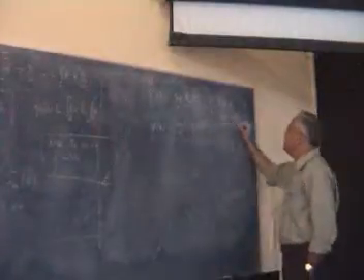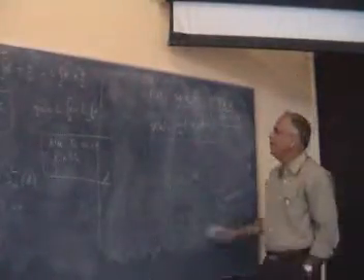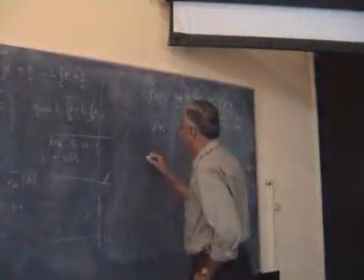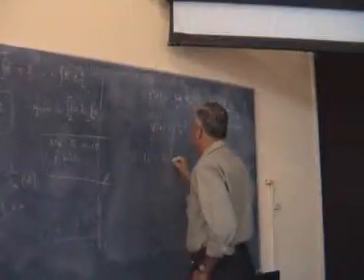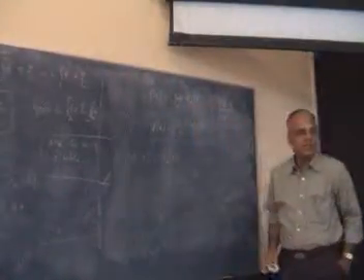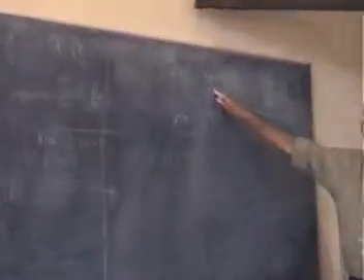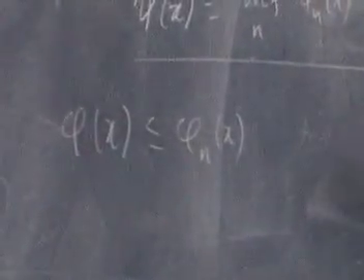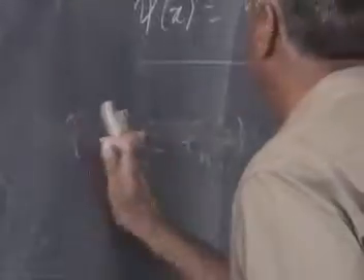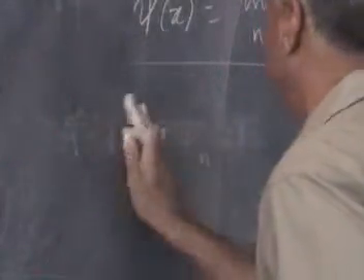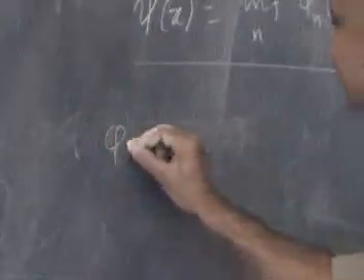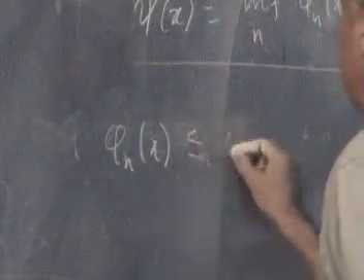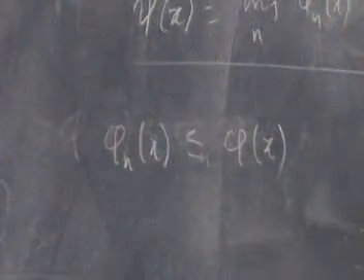So we have this phi and psi. Now clearly, for any x, phi n x is less than or equal to phi x.